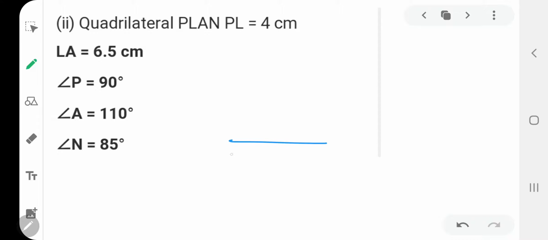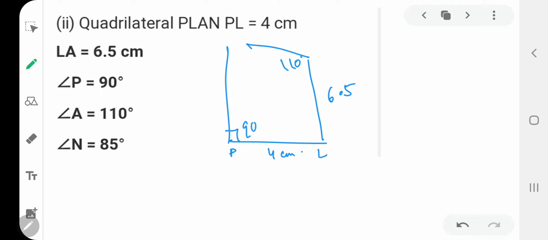So P, L, 4, LA, LA 6.5. This is 6.5. This is 110. This is 90. And N is 85.